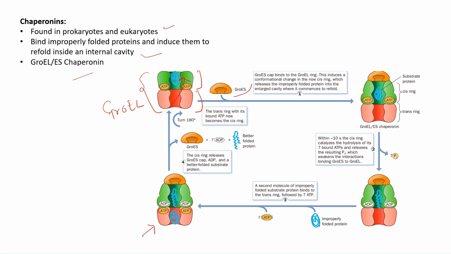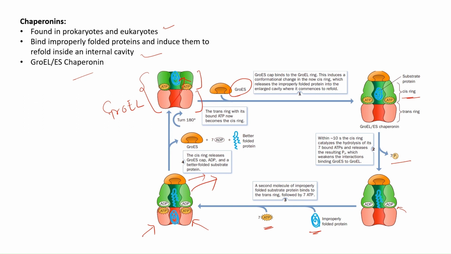Next, GroES, which is a cap, will come and bind, so that this becomes an enclosed structure. Inside this enclosed structure in the cis ring, the folding will take place with the use of ATP. A total of 7 ATP is used. So Pi will be released, and ATP will get converted into ADP. Once the protein is folded, in the next step, again an unfolded protein along with ATP will come and bind to the trans ring.